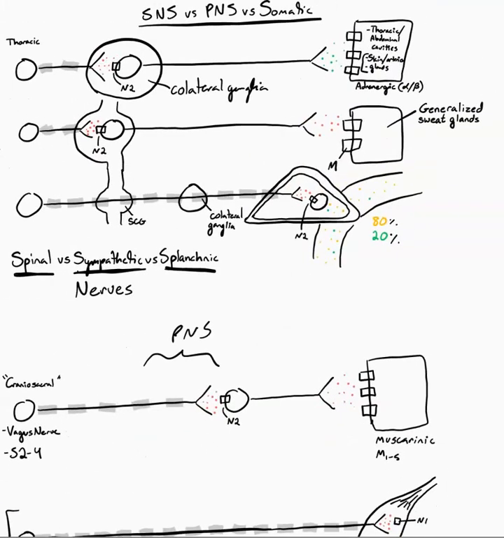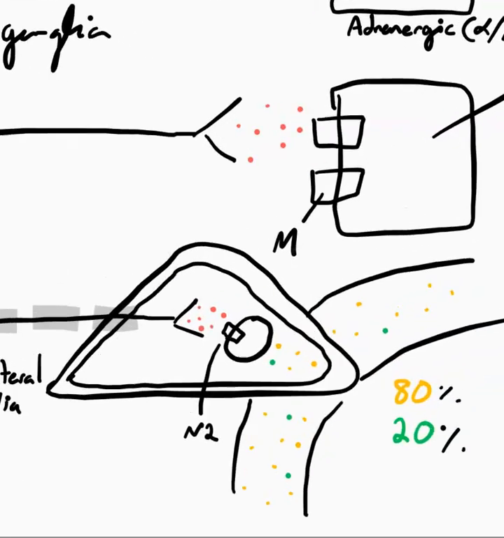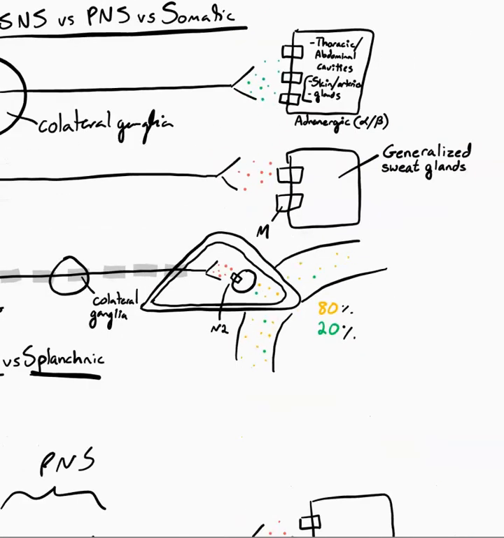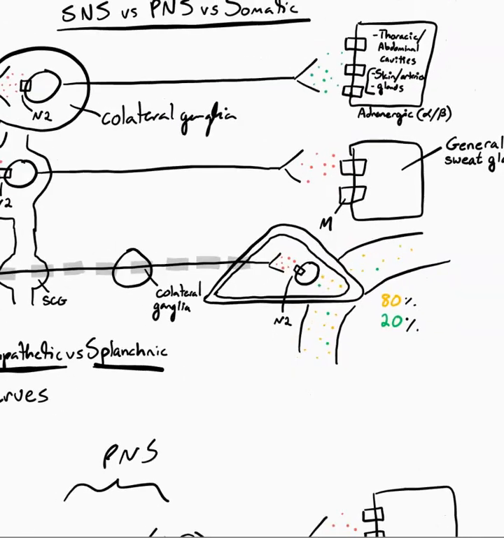And then comparatively, there's one exception when it comes to the postsynaptic neuron and what neurotransmitters it releases. That one exception is generalized sweat glands. Generalized sweat glands are going to release acetylcholine within the postsynaptic neuron, and it's going to affect an M muscarinic receptor.